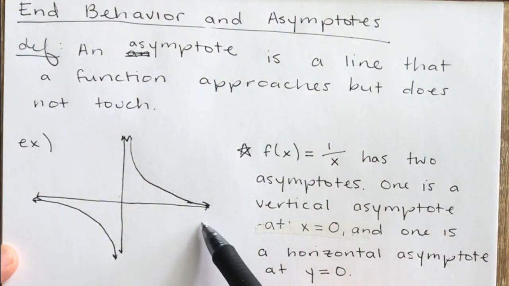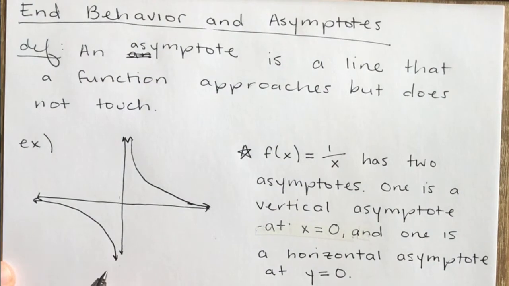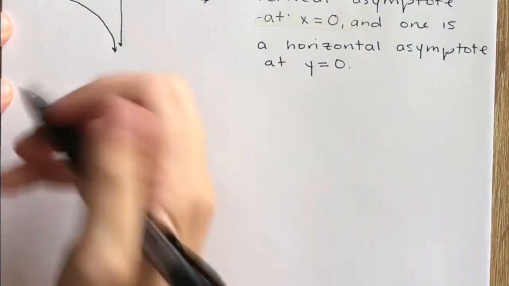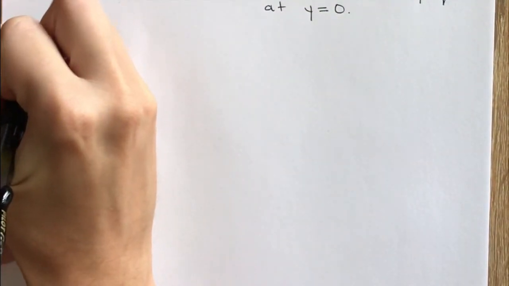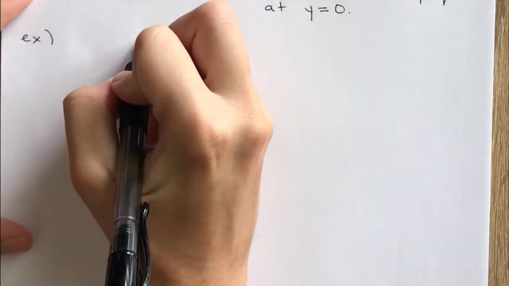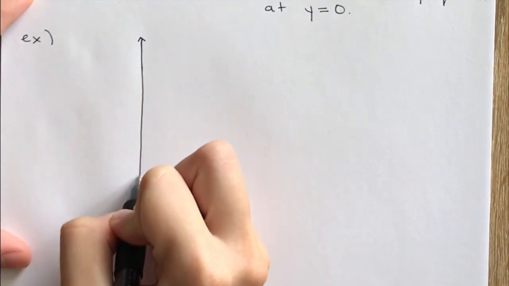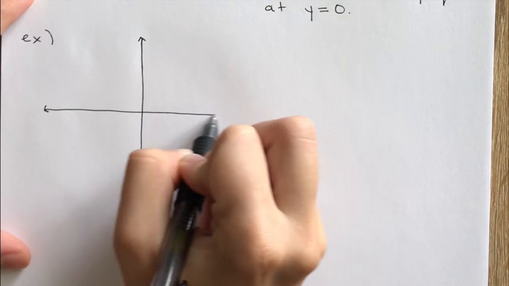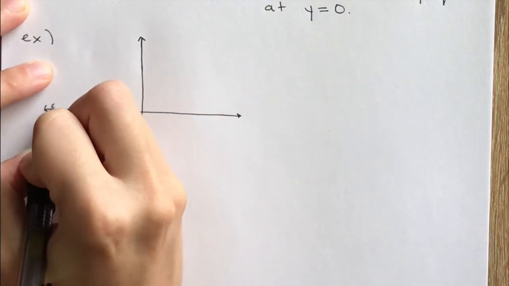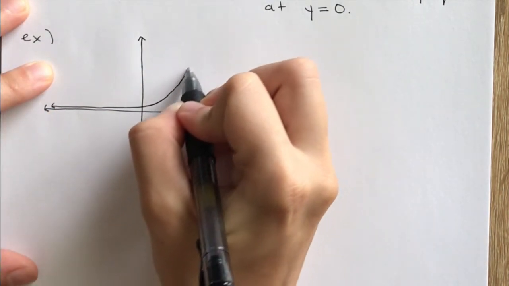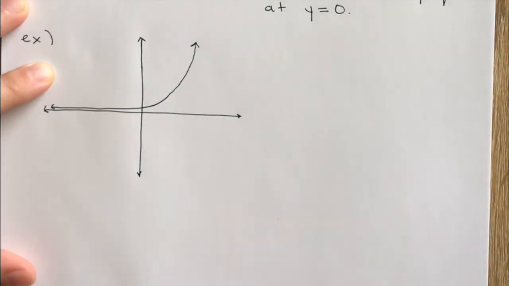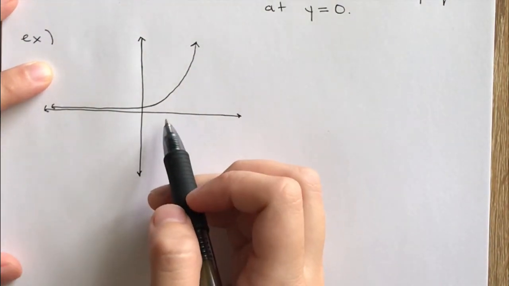What type of function is this? This guy is a rational function. This is not the only type of function that has an asymptote. One other type of function that we've seen so far is this guy. Does anyone remember what type of function this is?